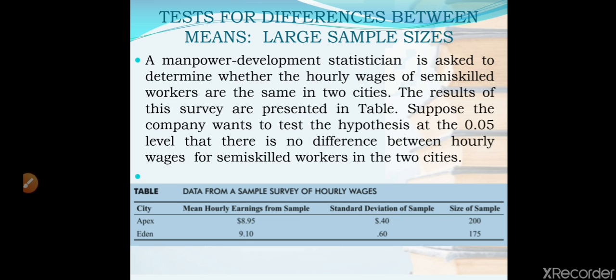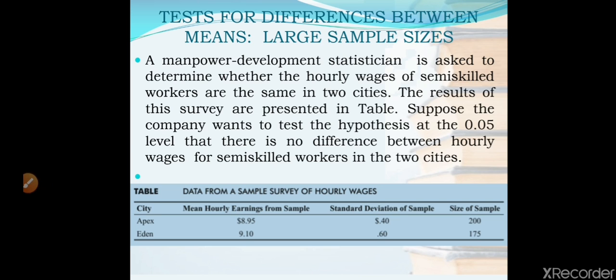Next come the tests for differences between means. How do we do the hypothesis testing? The first case is large sample sizes, which means both sample sizes are greater than 30. Let us move on with an example. A manpower development statistician is asked to determine whether the hourly wages of semi-skilled workers are the same in two cities.